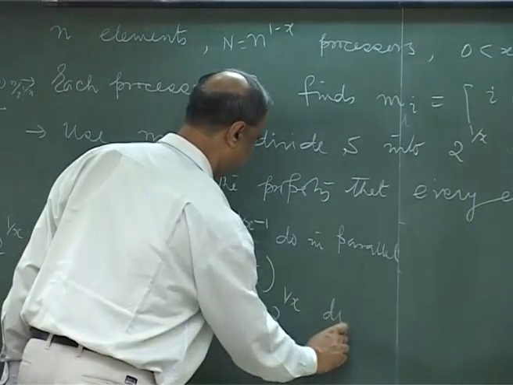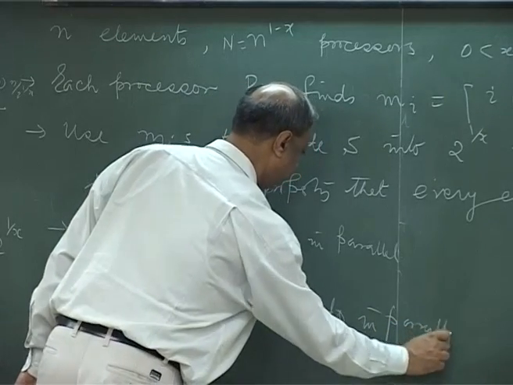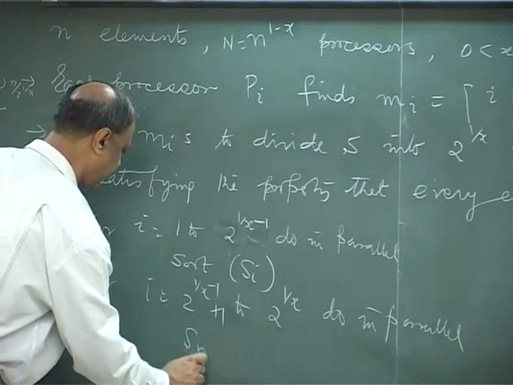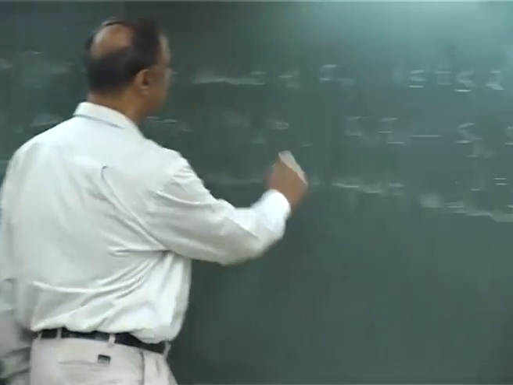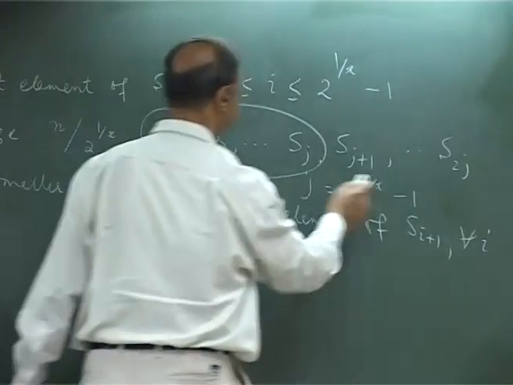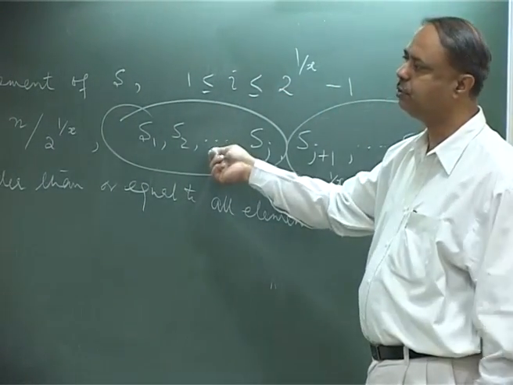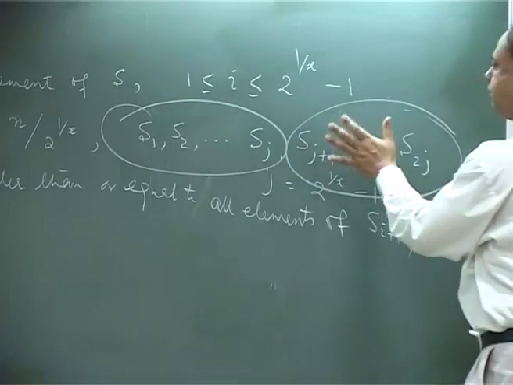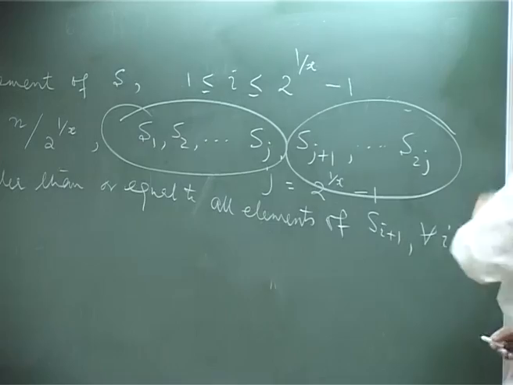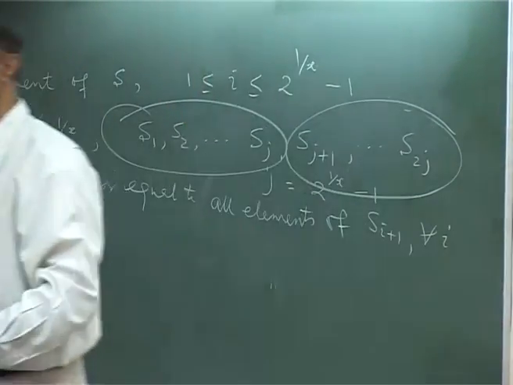Do in parallel: sort Si. See, basically what we are doing is this part and then this part. That is the thing I want to do. This part we do sorting for each of them. After completion of this, we do the sorting on this part. Why is it so? Because I have fewer processors to employ.